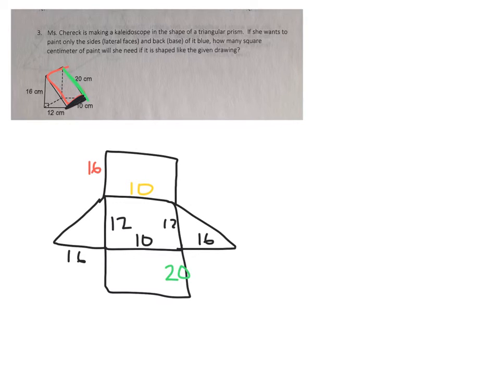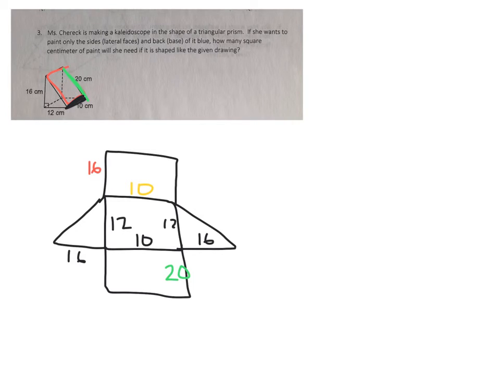But we need to go back to the question because there is something very important that we need to do on our net based on the question. So if we read it, it says she wants to paint only the sides, so the lateral faces, and the back of it blue. How many square centimeters of paint will she need?